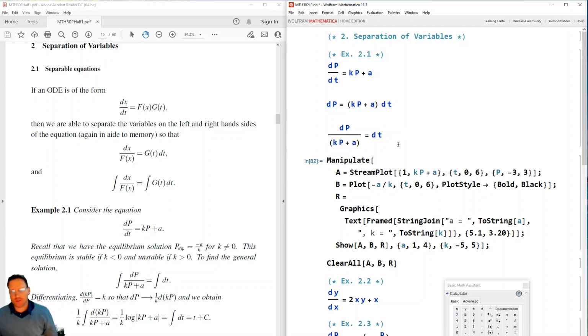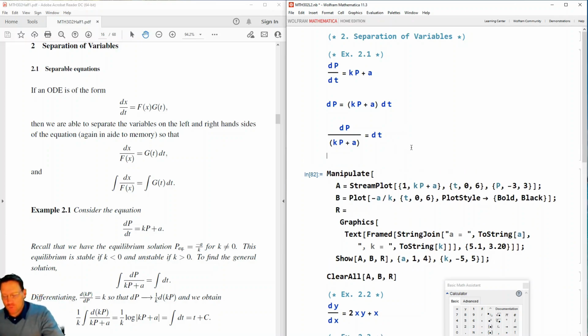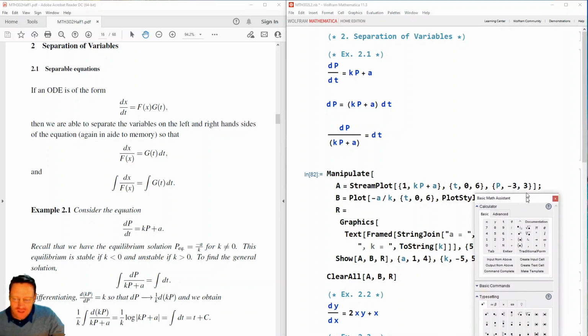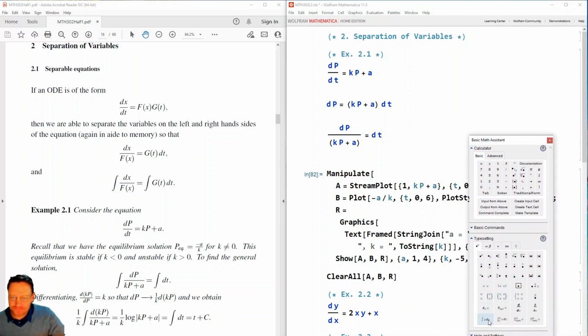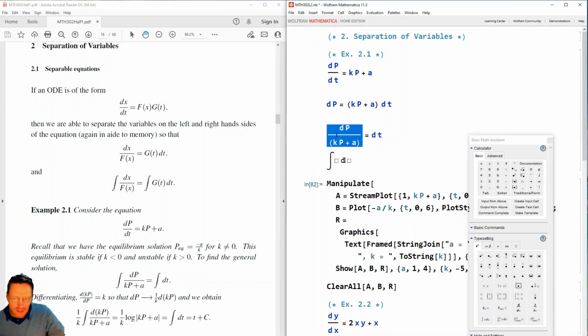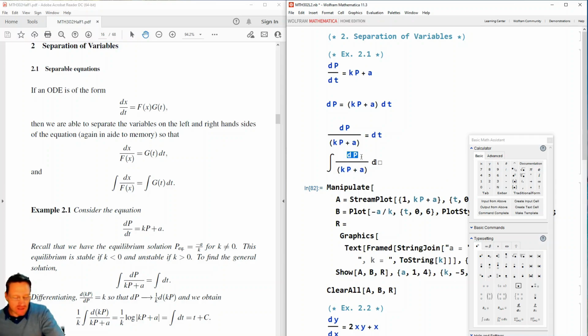Okay, so now the separation is complete, and we can apply the integral sign to this. I'll put in the left-hand side, that's with respect to p, and that's equal to the integral of 1 with respect to t.